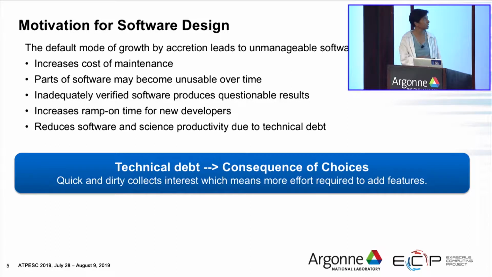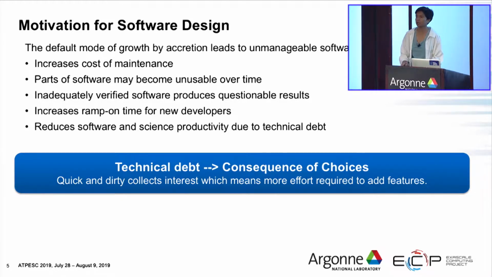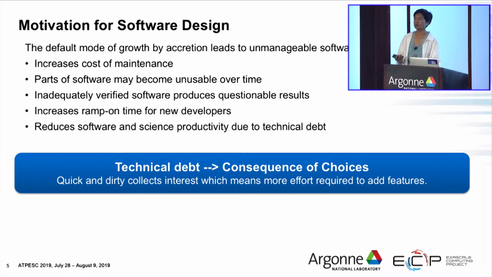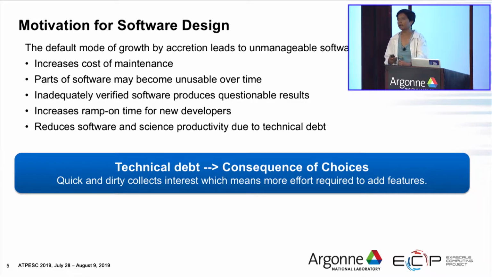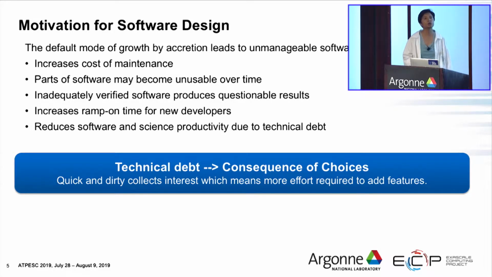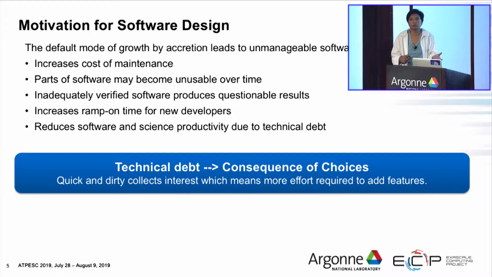It is a consequence of choices, in that when you do something quick and dirty, it collects interest, and the interest compounds. The technical debt collects interest in the sense that adding the next feature is much more difficult, and the debt compounds. As you add more and more features without paying off your technical debt, it just keeps on getting harder and harder to maintain the software and to use it for any useful purposes.